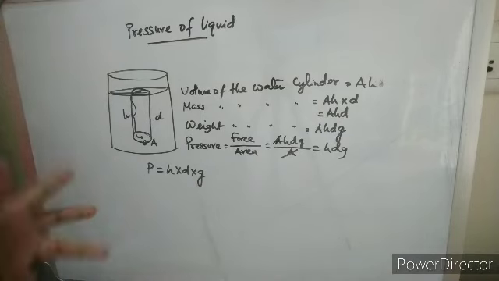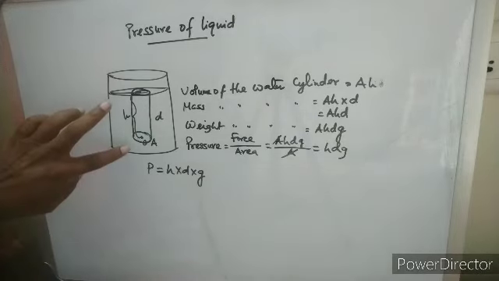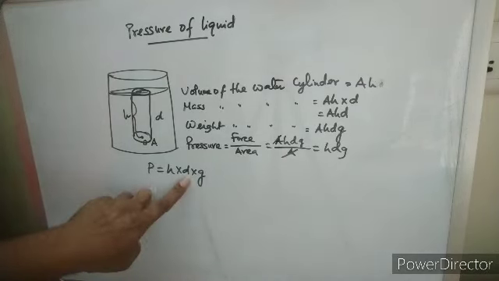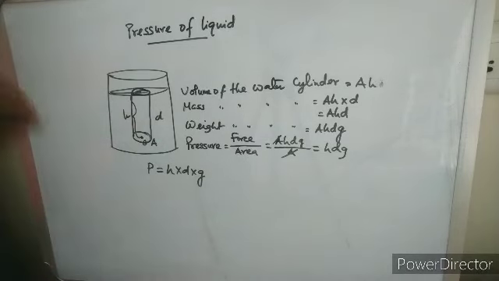So what we need to measure the pressure under the liquid: first of all, the point at which I have to measure the pressure, what is the depth of that point from the open surface of that liquid, whatever liquid I am given. Secondly, I need the density of that liquid. If it is water, then you know the value of density of pure water in CGS system and in SI system.